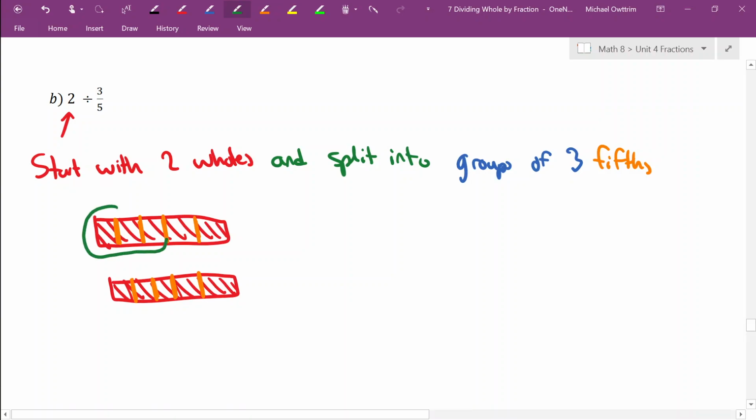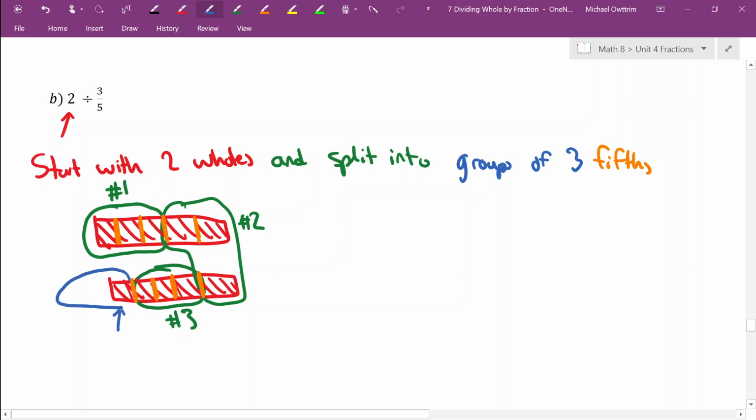So there's 3 of my fifths. That could be group number 1. Here's another 3 fifths. That could be group number 2. Here's another 3 fifths. That could be group number 3. But then I have this leftover one here. And so I want to remember that I'm making groups of 3.